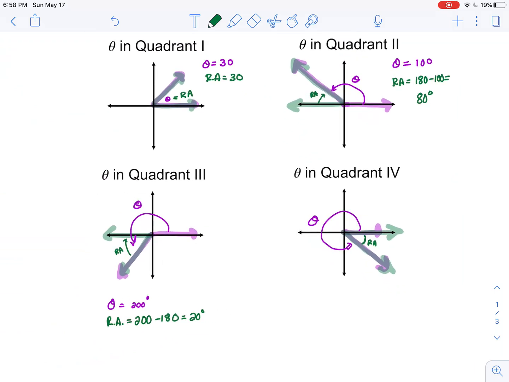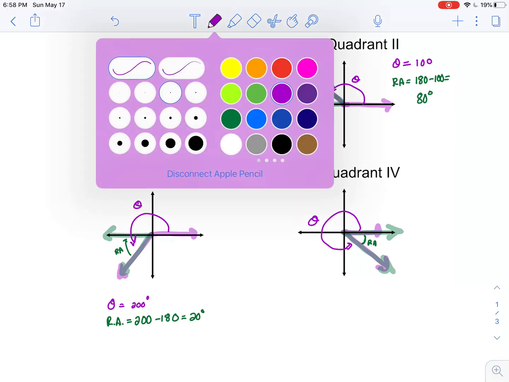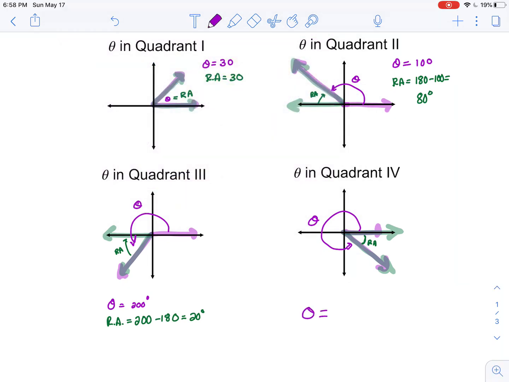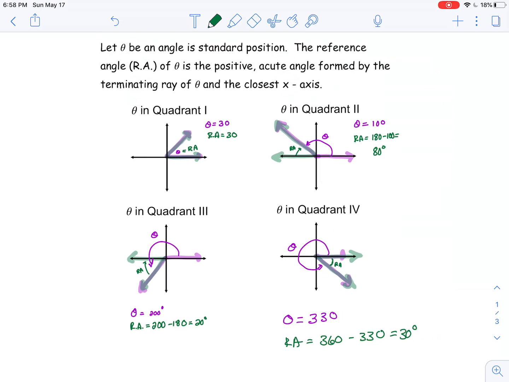And it's a distance. We want to know how far is that distance. So if my theta were equal to 330, my reference angle is going to be 360 minus 330, which will give me 30 degrees.